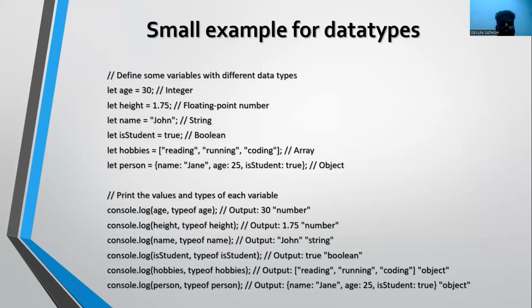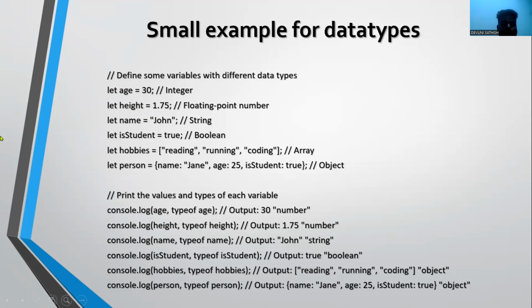So this is a small example which demonstrates the data types. Here, I have shown some variables with different data types, like let age equals 30. Here the value 30 is an integer, stored as age. Next is height, which is a floating number, 1.75.